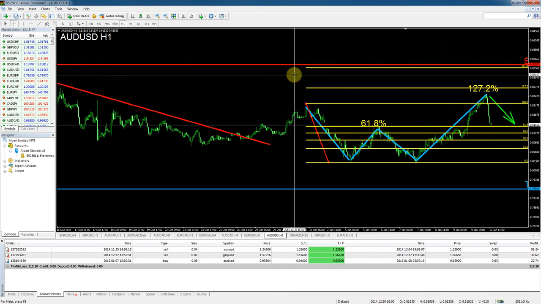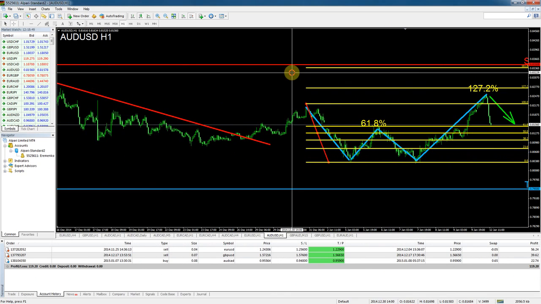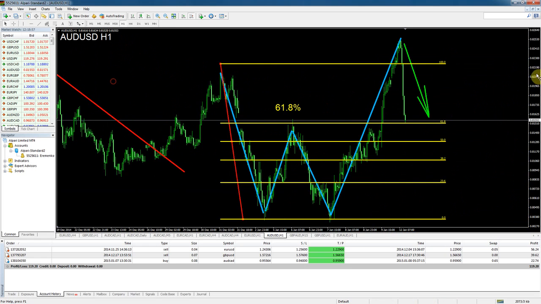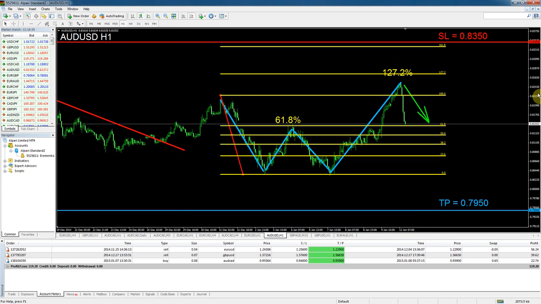Also, we've got a strong level here, which is 0.83, and as you can see over here, 0.83 was a strong resistance line. It's also a psychological level. So it's good to protect our stop loss in that way.